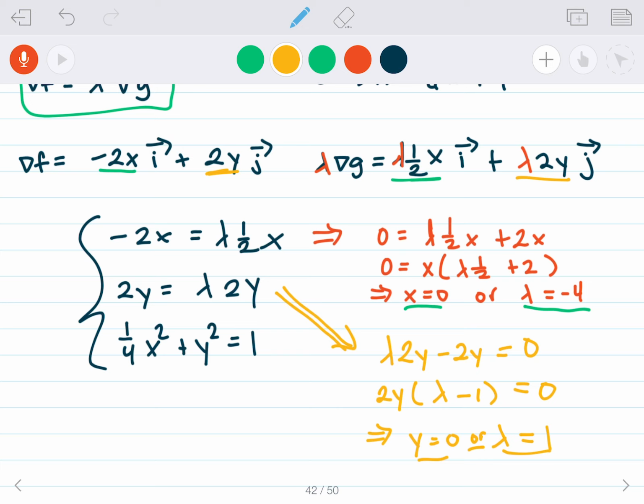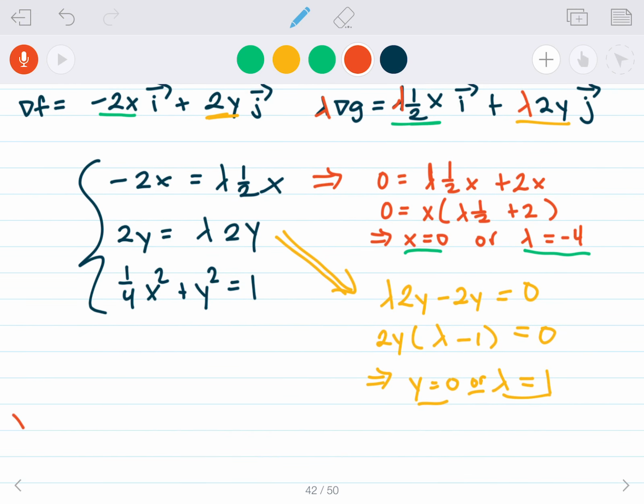All right. So let's look at what happens when x is 0 first. Using my constraint equation down here, I'm trying to figure out information about y, right? Because if I have x and y, I have my max and my min. So when x is 0, I get 1/4 times 0 squared plus y squared equals 1. That goes to 0. Then if I take the square root of both sides, I get that y is equal to plus or minus 1.